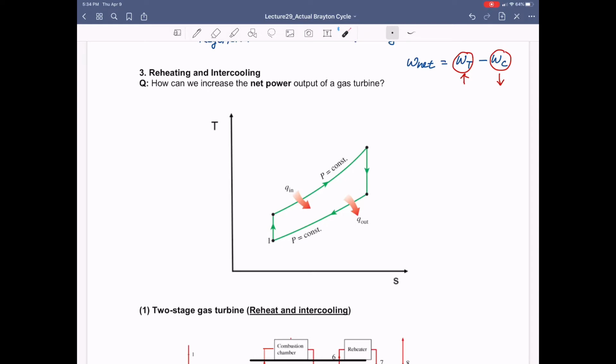So what it means is that the gap between these two curves is getting bigger as we move to the right side. So this value is smaller than this value, or the difference between these two values at higher temperature or higher entropy is always bigger than the gap between these two curves at lower temperature cases.